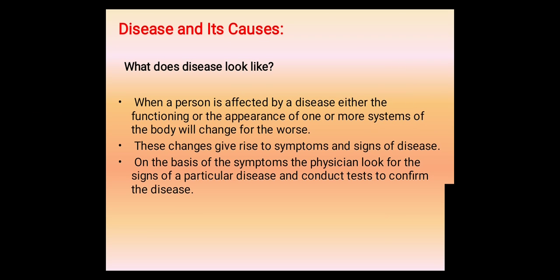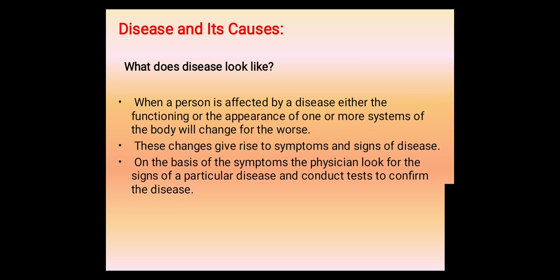Next, come to disease and its causes. What does disease look like? See, when a person is affected by a disease, either the functioning or the appearance of one or more parts of the body will change for the worse. The body is always struggling to come out of the disease.